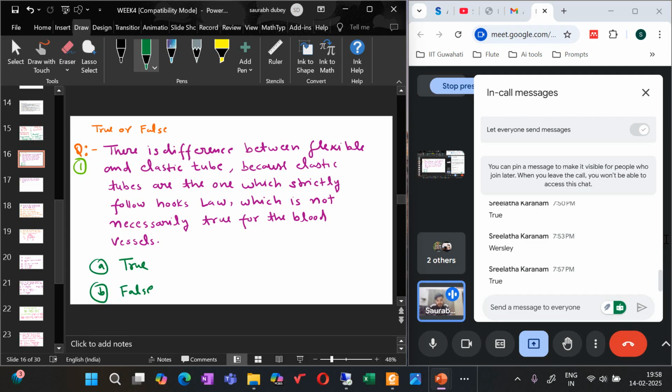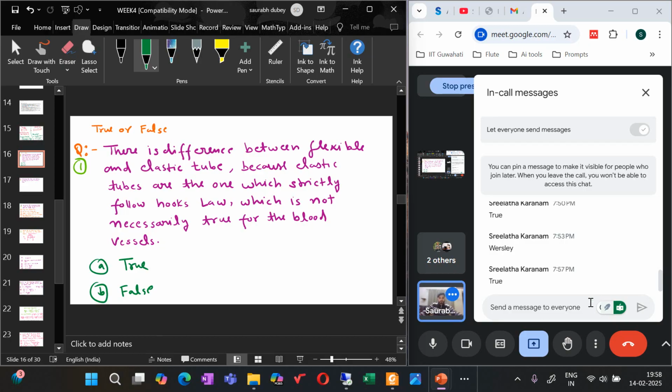So there is this difference between flexible and elastic tubes, because elastic tubes are the ones which strictly follow Hooke's law, which is not necessarily true for the blood vessels. This is true. You are correct. This statement was made in the last lecture at a very early stage, right?